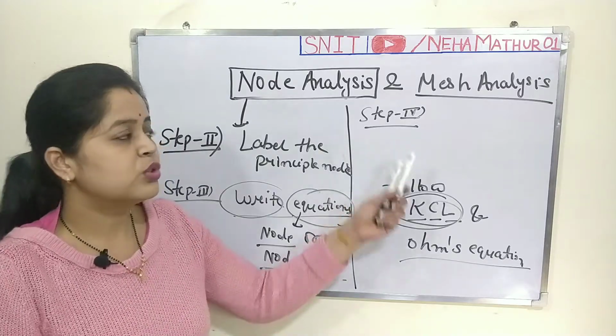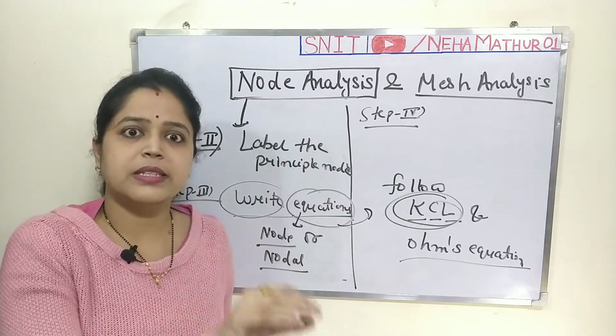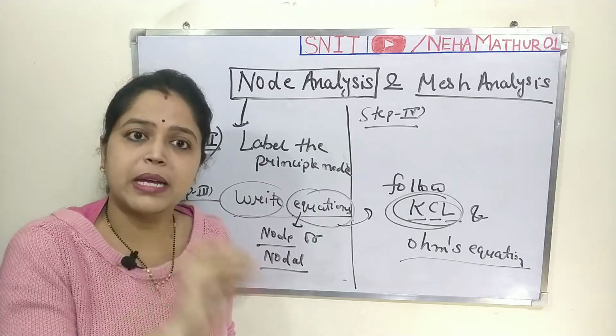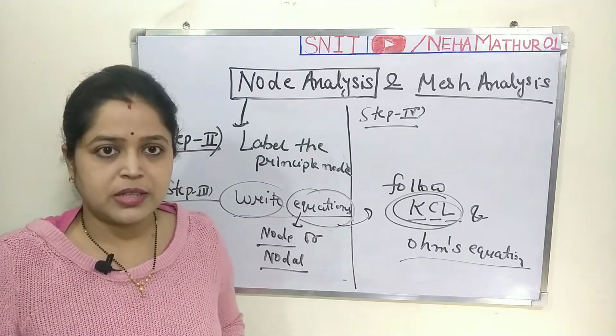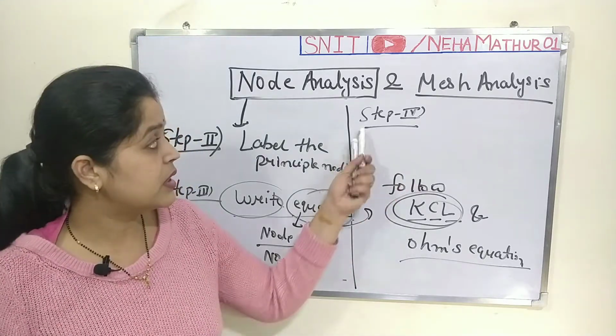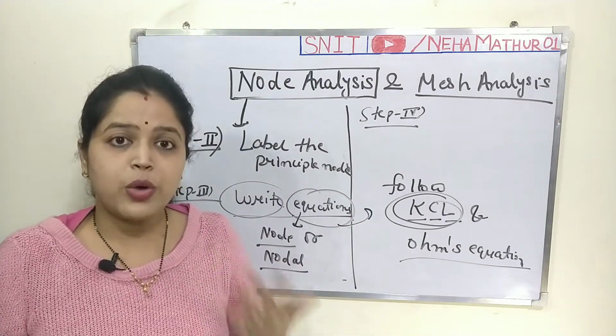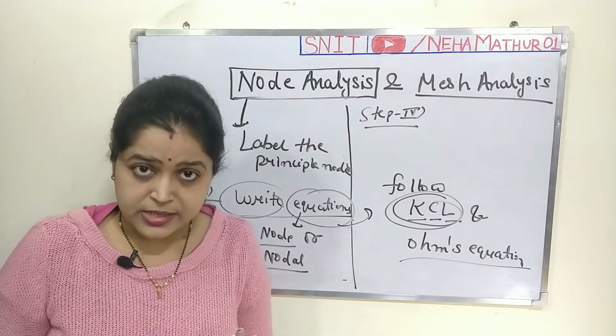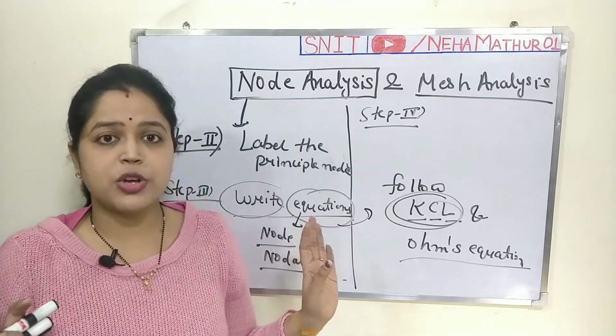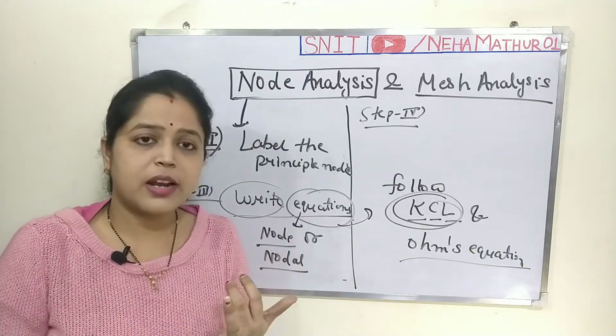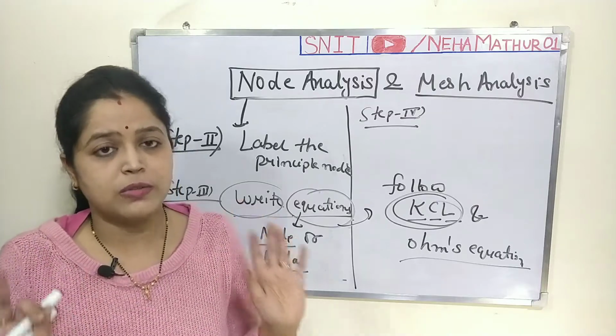Now you will have to solve these equations with the help of basic mathematics concepts and basic maths formulas. Fine. So after this fourth step, you have all the relevant voltages across any branch of the circuit, or all the relevant currents across any branch of the circuit.